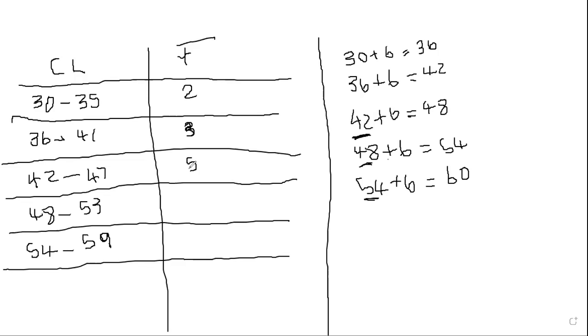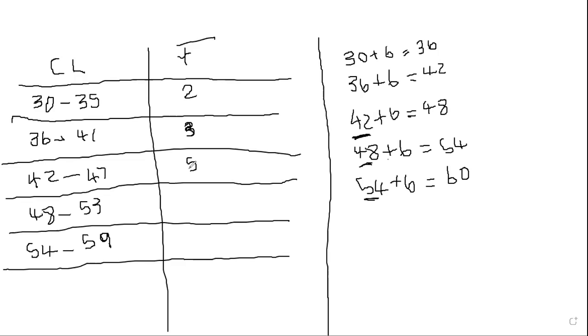Okay, and then values which fall within 48 and 53. First row, I'm having 50. I'm having 48. Second row, I'm having 48 again. On the third row, I'm having 51.